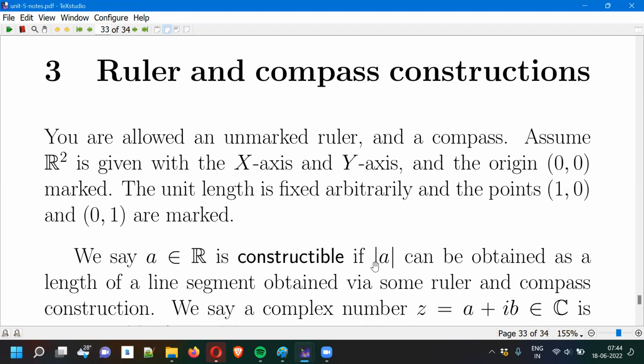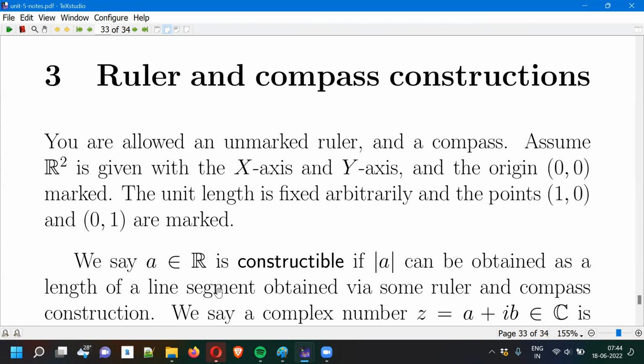That is the definition. So a real number a is constructible if mod a can be obtained as a length of a line segment via some ruler and compass construction. Does not matter what. If you can obtain mod a as a length of a line segment, then that number a is constructible.